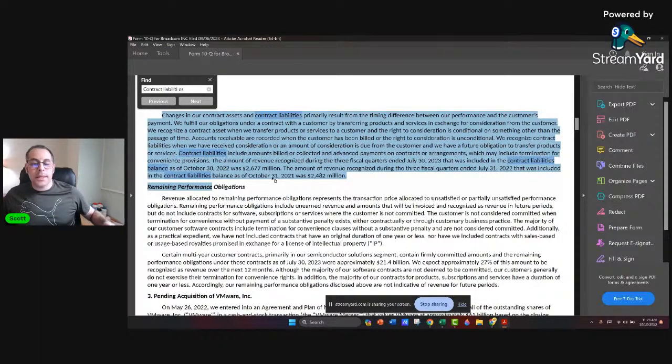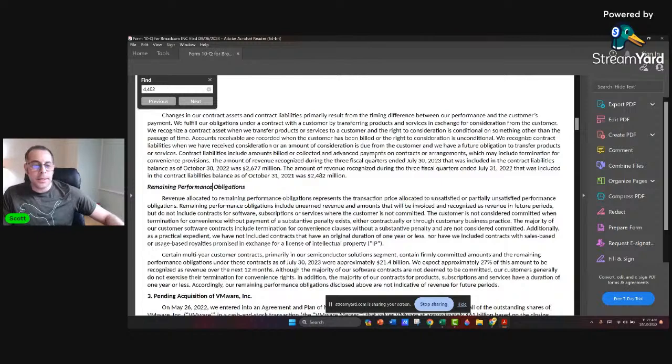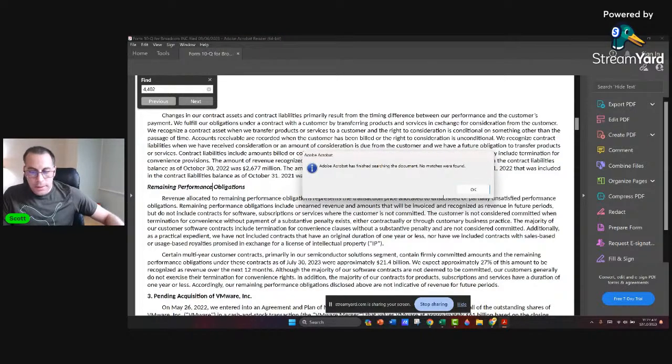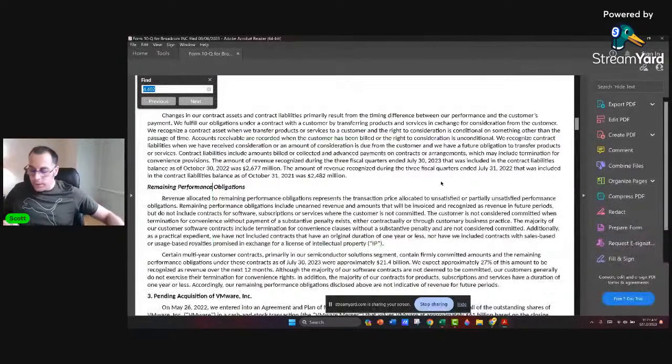So maybe over the next 10 months, you deliver 10 chairs, and the contract liability reduces each time you deliver and they pay. I mean, it's all the same concept. It's kind of like accounts payable. You sell something and somebody owes you money, but it is debt that you owe. It's just categorized a little bit differently.